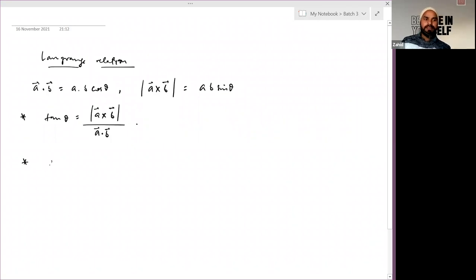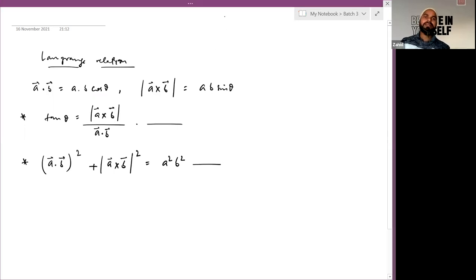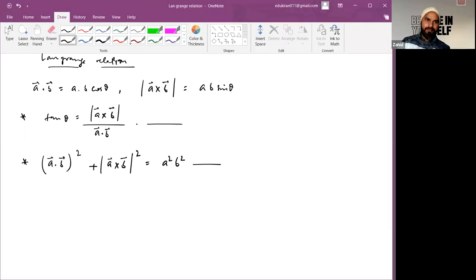Next, if you square them and add, you will get (A dot B) square plus mod of (A cross B) square, which equals A square B square only. So these two relations on the basis of dot product and cross product are termed as Lagrange relations.